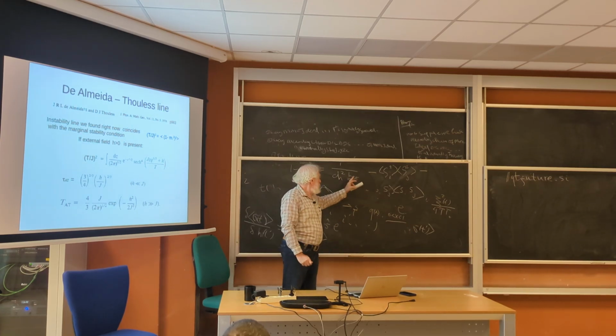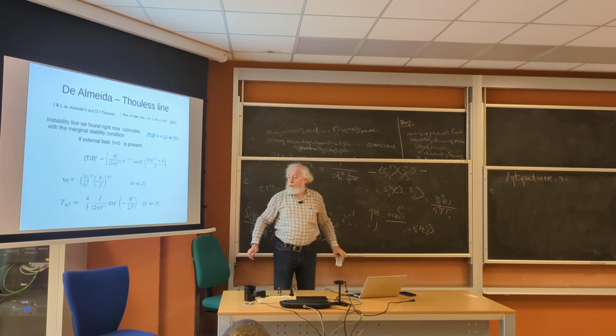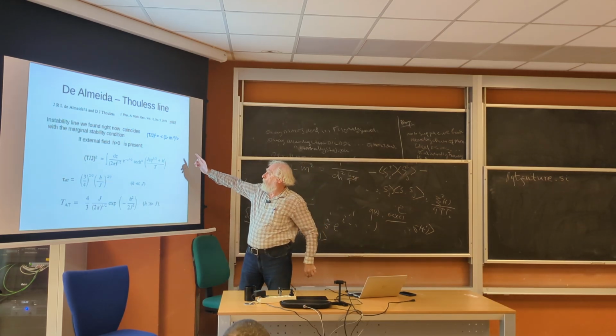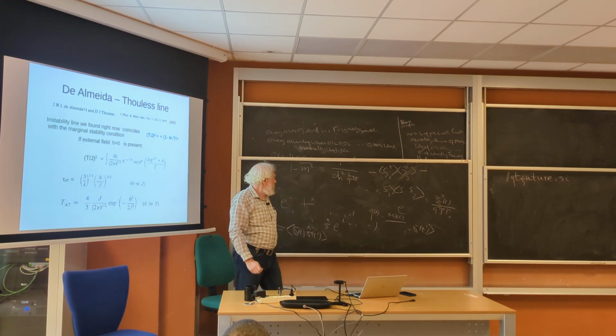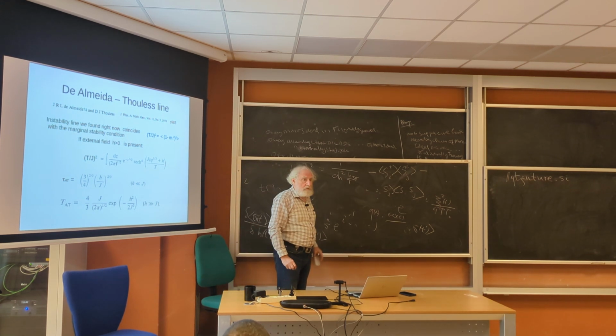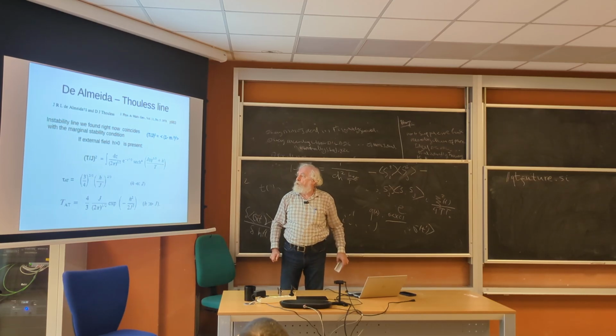This effective field is random. But in the marginal stability condition we have this thing squared, so it will be hyperbolic cosine to the power 4. We need to average it over z.